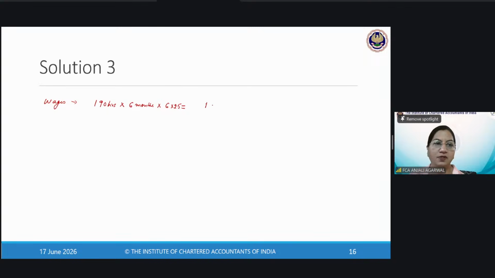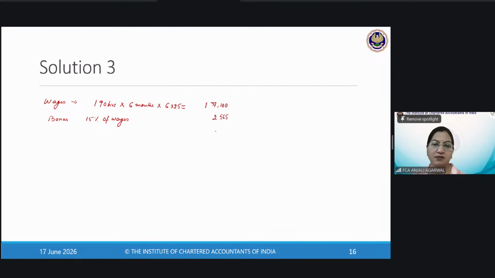So the total wages are 17,100. And we also have to pay bonus, which is 15% of the wages. Bonus to the workers would be 2,565.